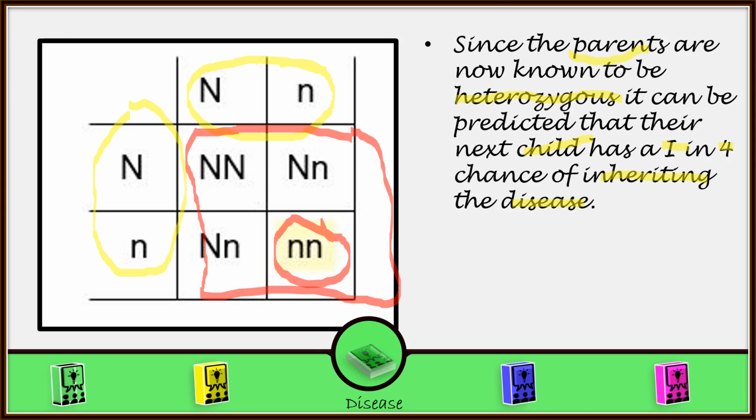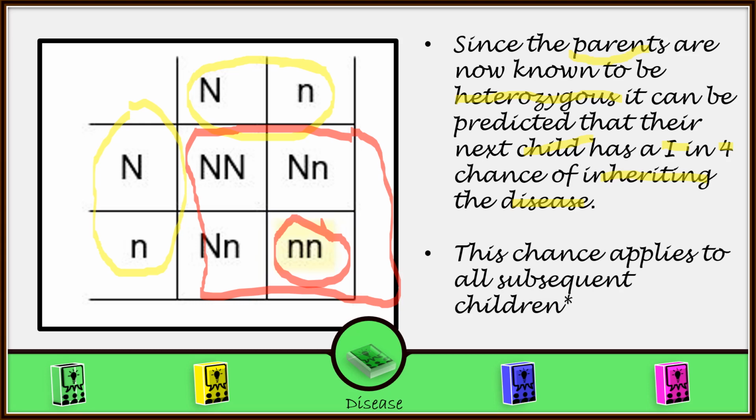That is, if the parents are heterozygous. This chance applies to all subsequent children, all children that will follow. There is that chance that 1 out of 4 will inherit the disease.